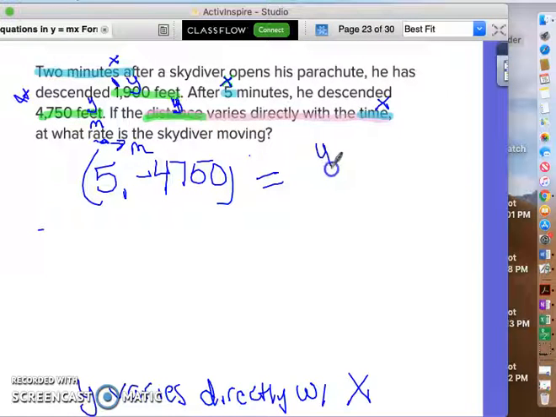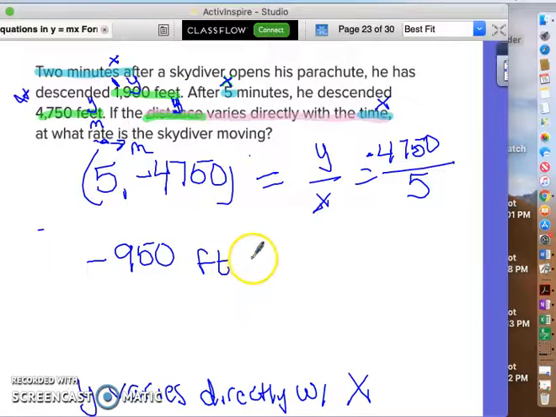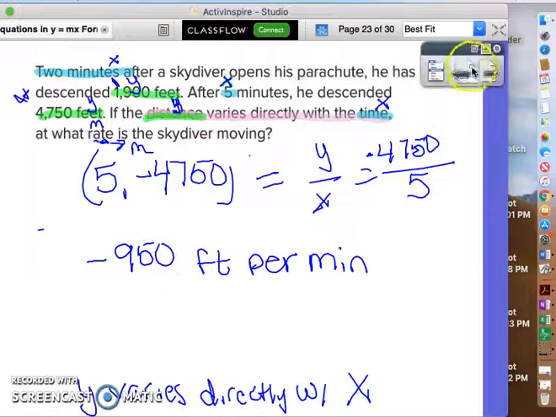Well, m is y divided by x, which is 4,750 divided by 5, and that gets me 950, which means 950 feet per minute. So every 1 minute, they fall 950 feet.